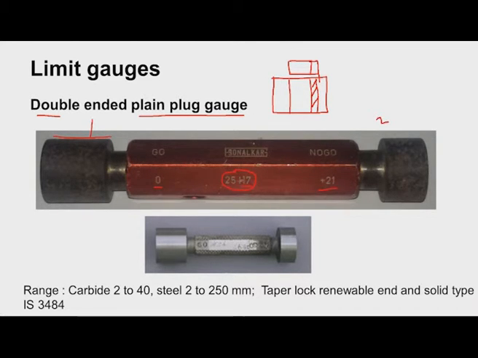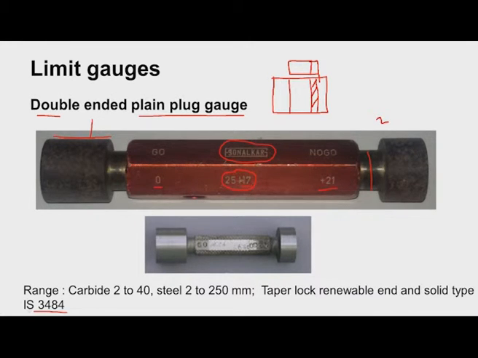We can also observe one more thing, the manufacturer name is marked here. All these things are as per Indian Standard IS 3484. What should be the length of this no-go portion, what should be the diameter at this place, what should be the diameter at this place, what should be the length of the handle, all those things are specified in IS 3484.